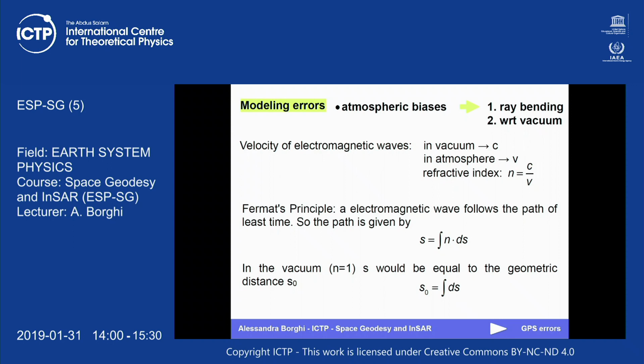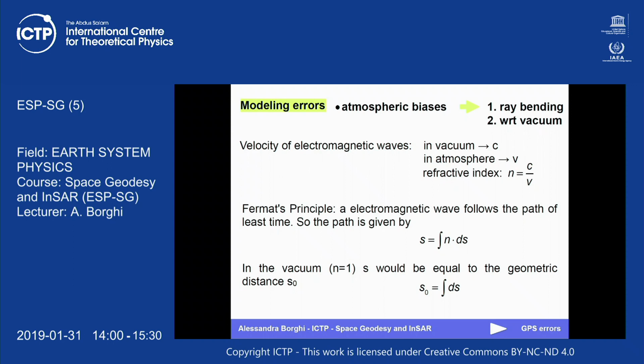But you know that we are using electromagnetic waves, and the electromagnetic wave has a velocity given by the velocity of light only if you are in a vacuum. We are in the atmosphere, and so we have a refractive index, and the velocity is not the velocity of light. We have to take into account this refractivity index.